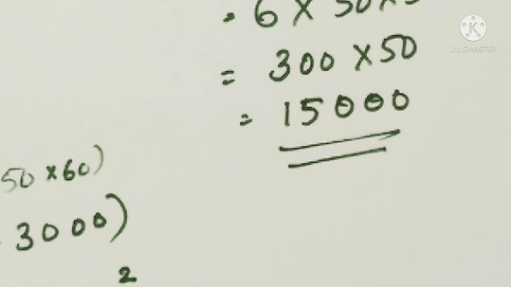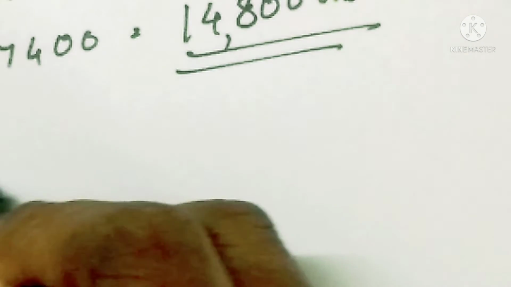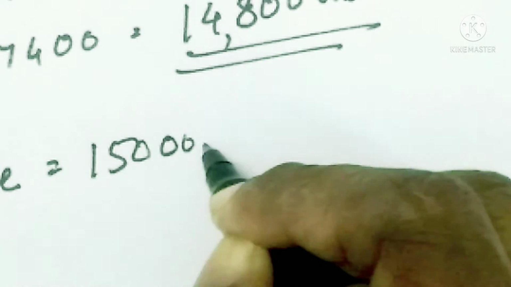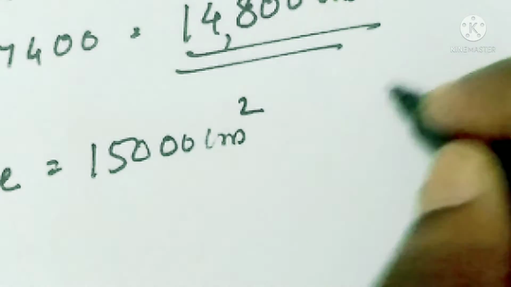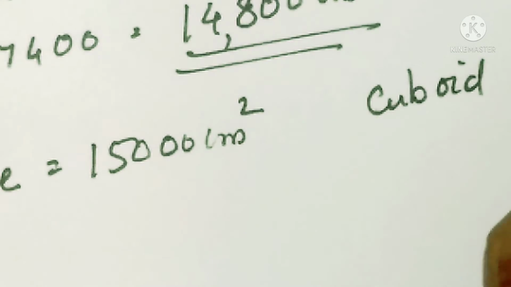So here you need to compare. What is the area of the cube? Cube, it is 15,000 centimeter square. And cuboid, 14,800.